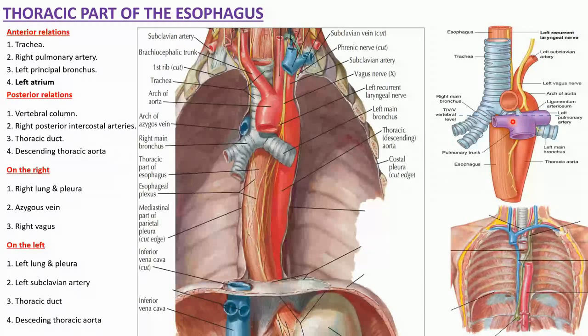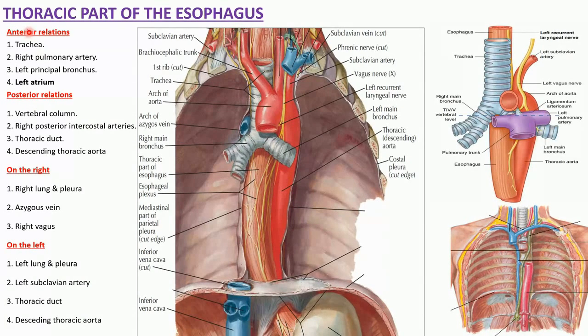The right pulmonary artery is going to cross the midline just in front of the esophagus to go towards the right lung, okay? The left main or the left principal bronchus is going to cross to the left, while crossing the anterior aspect of the esophagus towards the left lung.